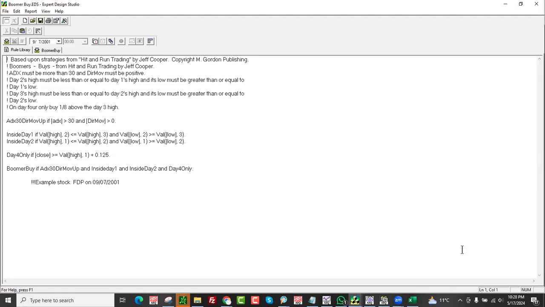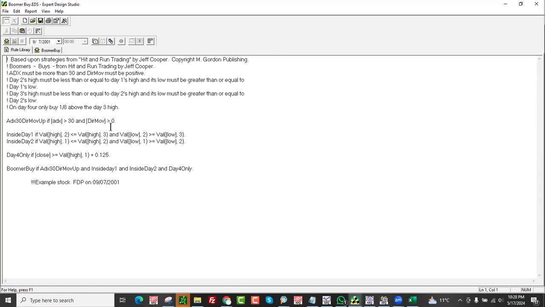This strategy was called Boomer Buy, and it's out there. It's pretty much available. This was something he built some time ago, maybe 30 years ago, 25 years ago at least, and it's a great straightforward strategy using ADX, and there's also some what we call inside days built into there.